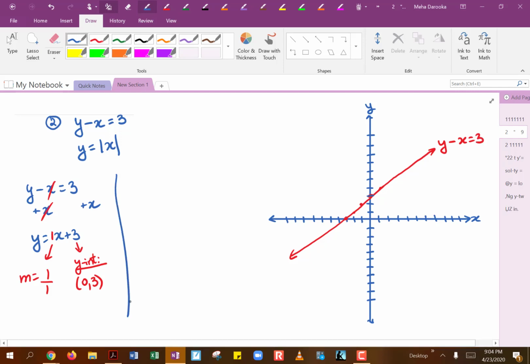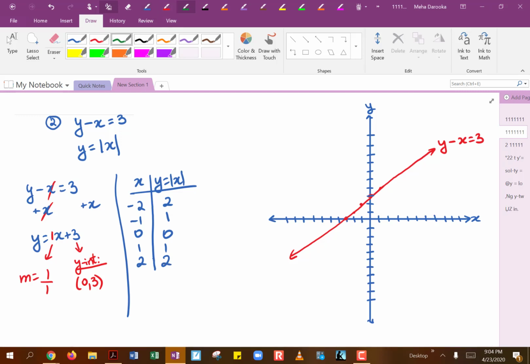Now for our second graph, y equals absolute value of x, let's do a table for this. So again, we can use -2, -1, 0, 1, and 2. Now, of course, absolute value, we know, is the distance from 0. So that means all our values become positive. So -2 will become +2, -1 will become +1, 0 will stay 0, 1 will stay 1, and 2 will stay 2.